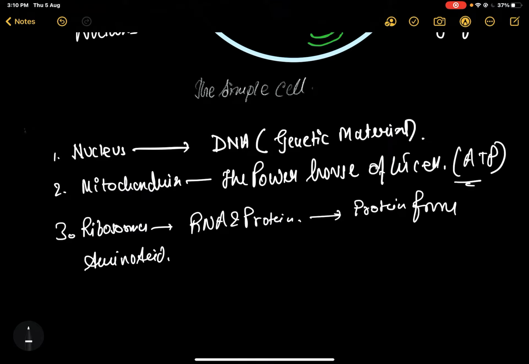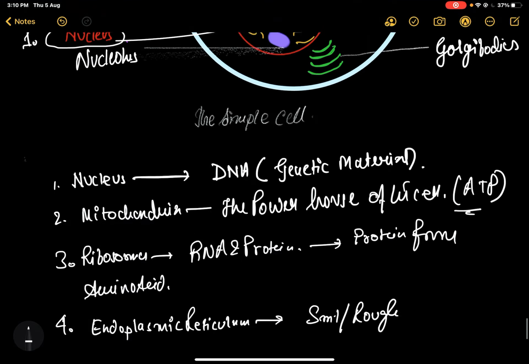Okay, the next thing we're going to discuss is the endoplasmic reticulum. Now there are two kinds of endoplasmic reticulum, that is smooth endoplasmic reticulum and rough endoplasmic reticulum.